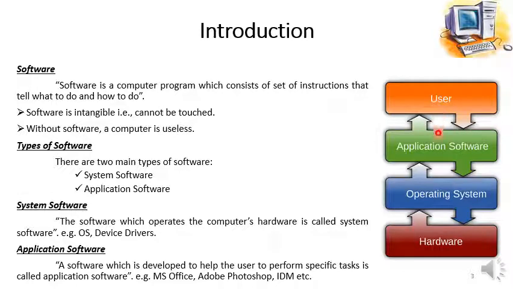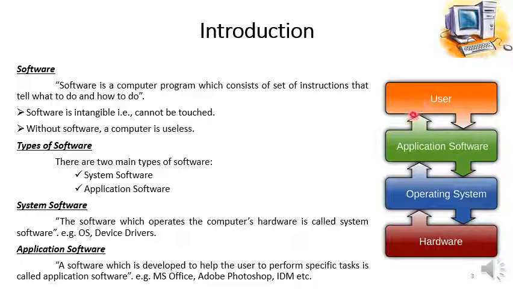The user interacts with the application software, then the application software interacts with the operating system, and the operating system interacts with the hardware. Further, whatever output is generated by the hardware is communicated to the operating system, and the operating system communicates with the application, and the application software communicates with the user.